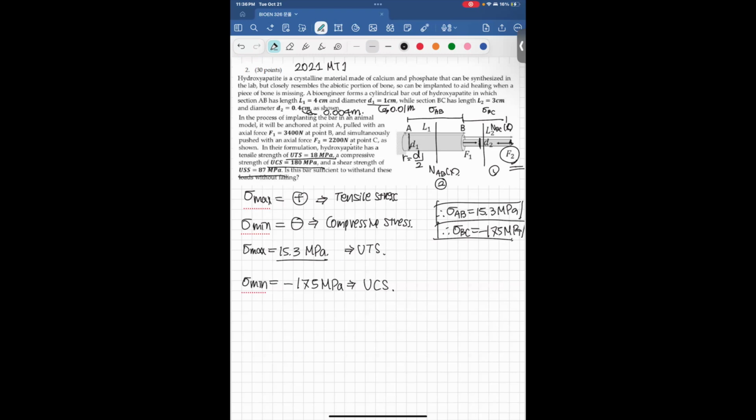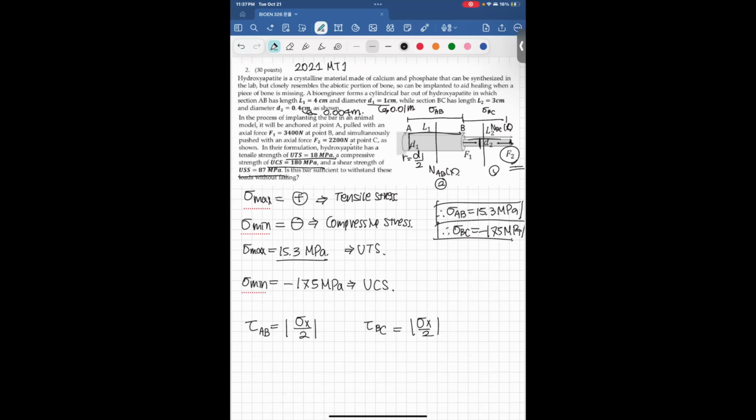Now we need to find shear. In terms of shear, I want to compare max shear for segment AB and max shear for segment BC. So let's do AB and let's do BC. Because it's uniaxial, this is going to be sigma x over 2 for both.